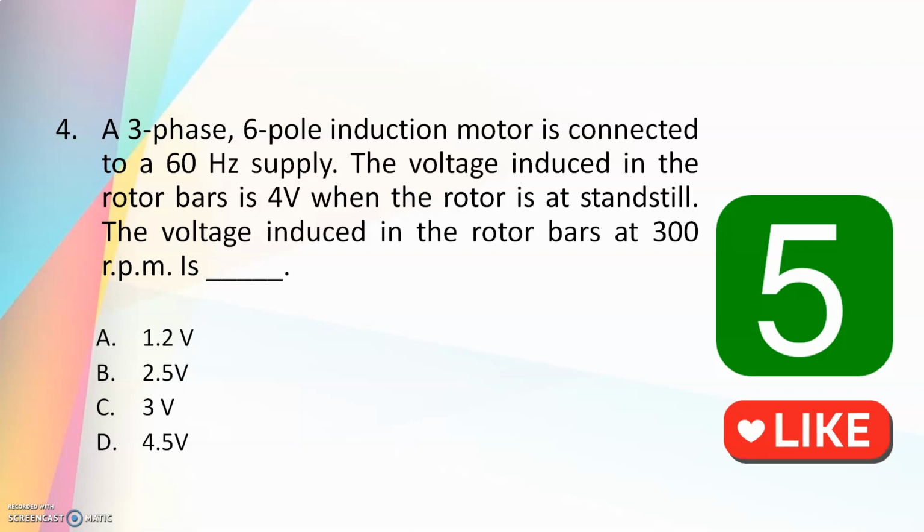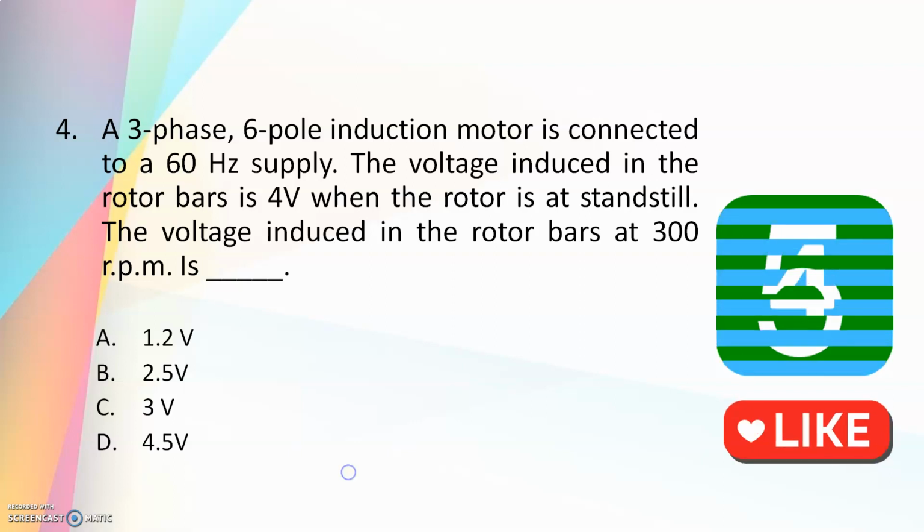A 3-phase 6-pole induction motor is connected to a 60 Hz supply. The voltage induced in the rotor bars is 4 volt when the rotor is at standstill. The voltage induced in the rotor bars at 300 rpm is: 1.2 volt, 2.5 volt, 3 volt, 4.5 volt.